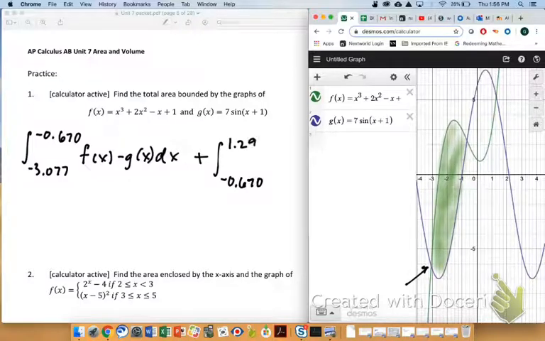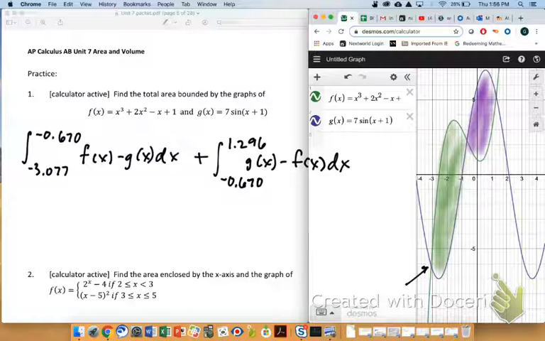Okay. For that one, it would be g of x minus f of x. So that integrand has to flip the order there, because for this other area, which I am labeling with a purple shading, the purple graph is the higher graph, so it needs to be G minus F.